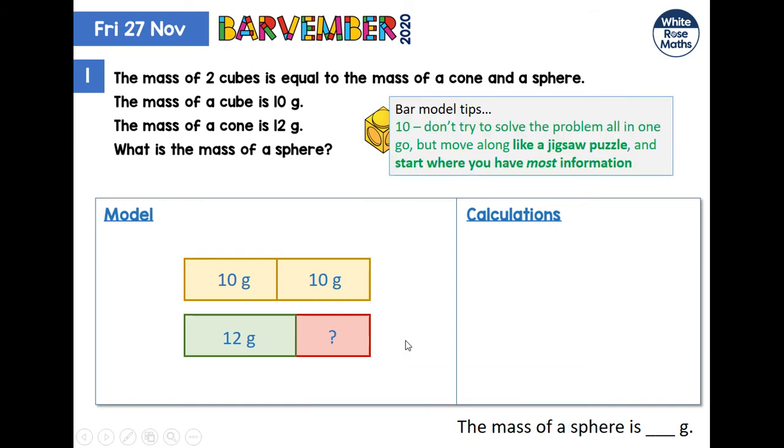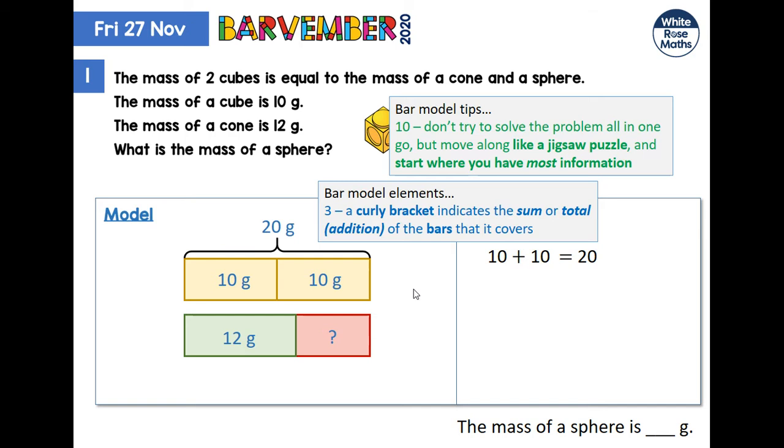Now, whenever we're solving these problems, we follow our jigsaw puzzle approach, which is to look for where we have most information. In a jigsaw, we have most information in our corner pieces than our edge pieces. Most information we have here is in our orange bar. What can we do with that information? What else do we know? Well, we know that those two add up to 20, and that's what our curly bracket says we've done.